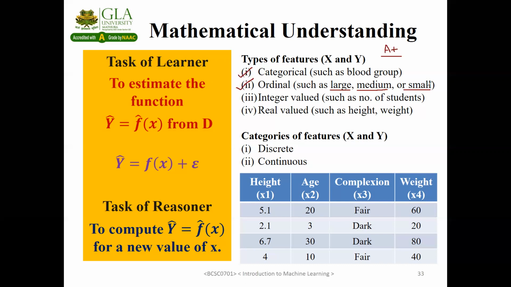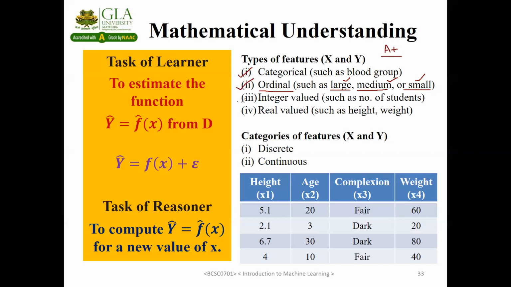They are representing some range of values, but they have one order associated with them. That order is that large represents the highest height and small represents the smallest height, right? Similarly, medium is in between them. So when a categorical variable has some order associated with it, then it becomes an ordinal variable, right?